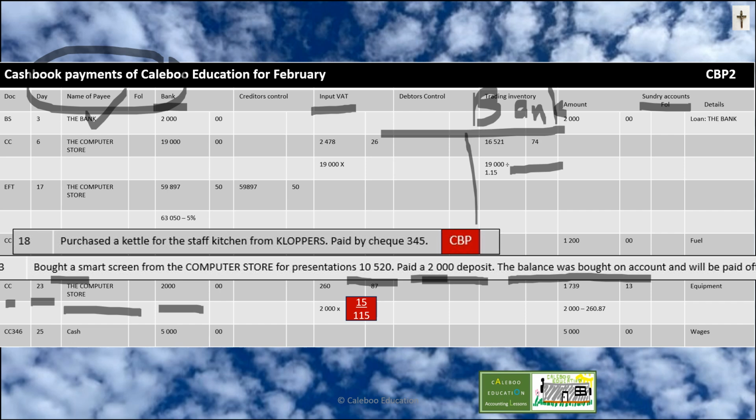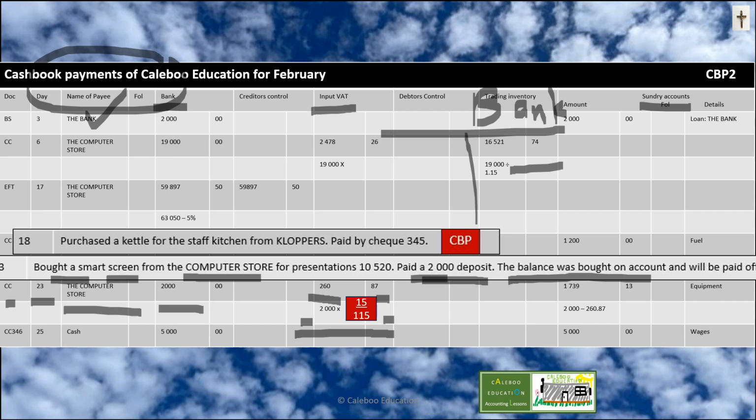And when we bought this smart screen from the computer store, we are using it in the operations of our business, so we can claim input VAT. And in order to calculate the input VAT amount, we say 2,000 times the VAT fraction, 15/115, gives us 260.87.